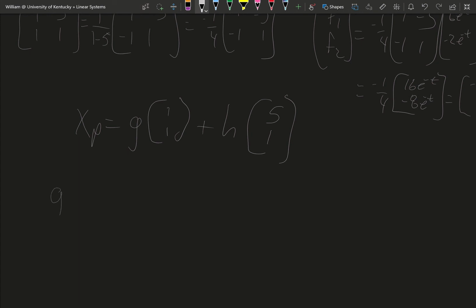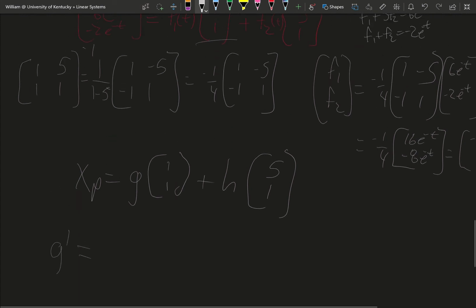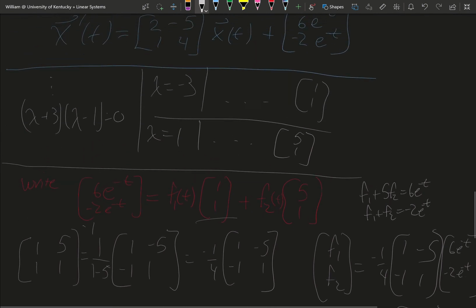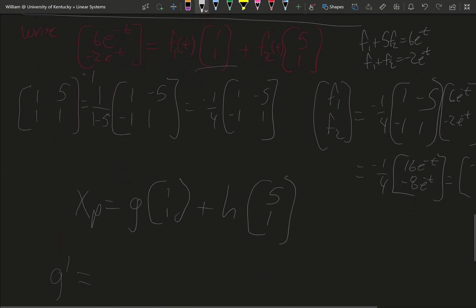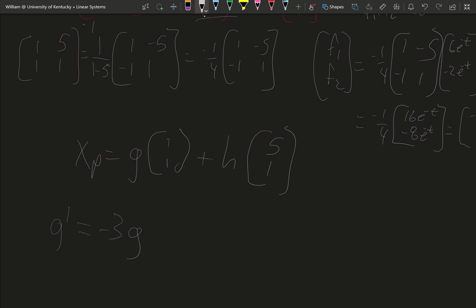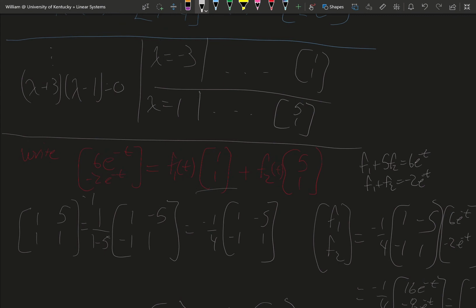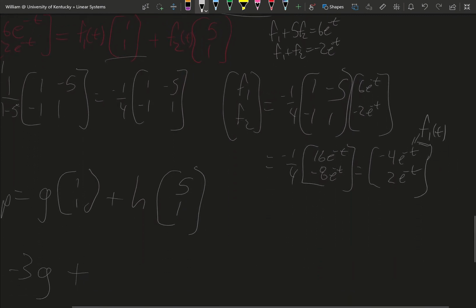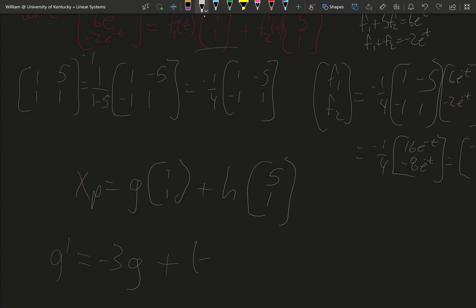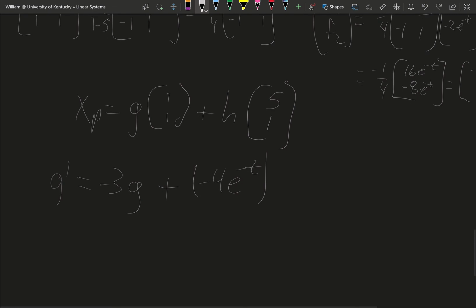So G prime equals, and now let's see, 1, 1 was the eigenvector for -3, so -3G, and then plus F1, the thing associated to 1, 1, and F1 is -4e to the t. I can go ahead and solve that, and I should get that G is equal to e to the -t.